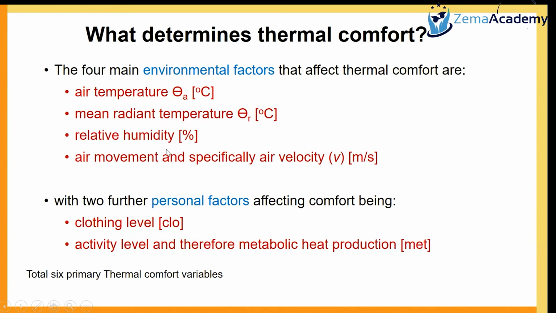So all these 4 factors are contributing towards thermal comfort. You already know the air temperature inside the space. You also know the mean radiant temperature. You might also have come across relative humidity in your internal comfort module.